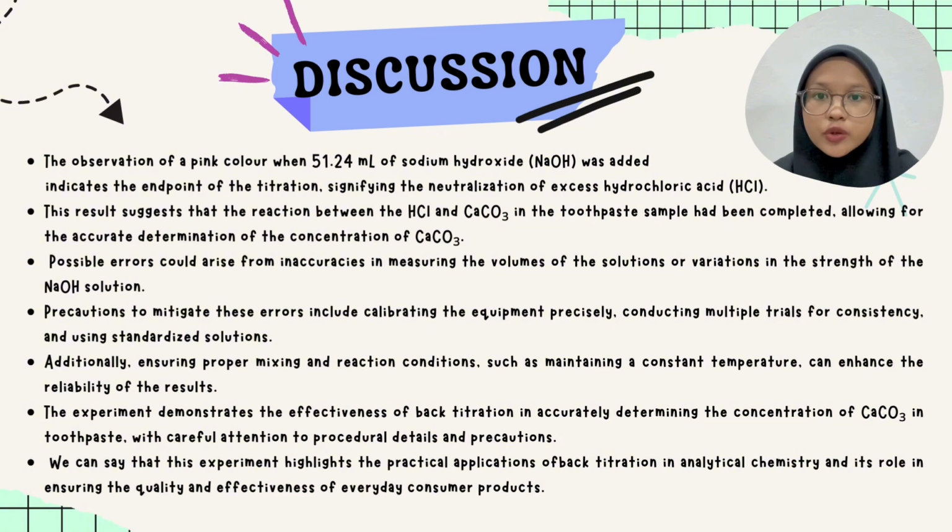Additionally, ensuring proper mixing and reaction conditions, such as maintaining a constant temperature, can enhance the reliability of the result. Overall, despite potential error, the experiment demonstrates the effectiveness of back titration in accurately determining the concentration of CaCO3 in toothpaste, with careful attention to procedural details and precautions.